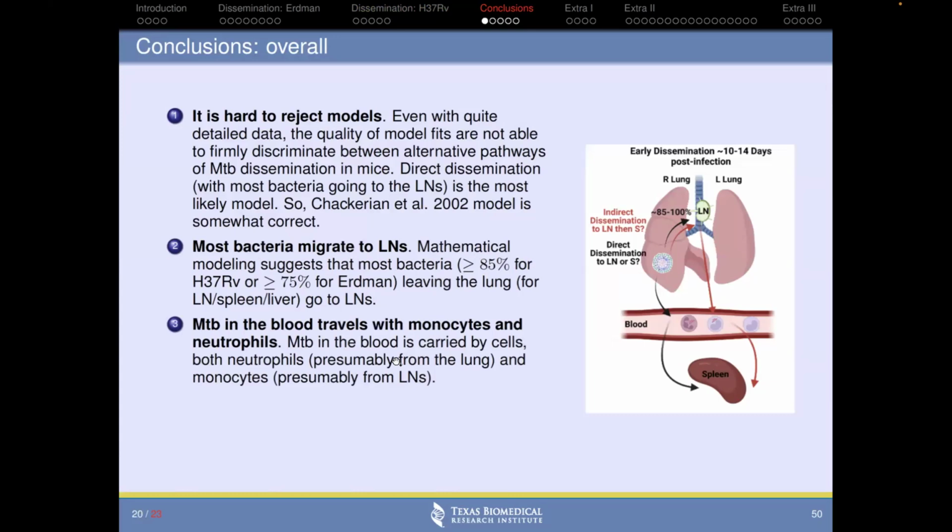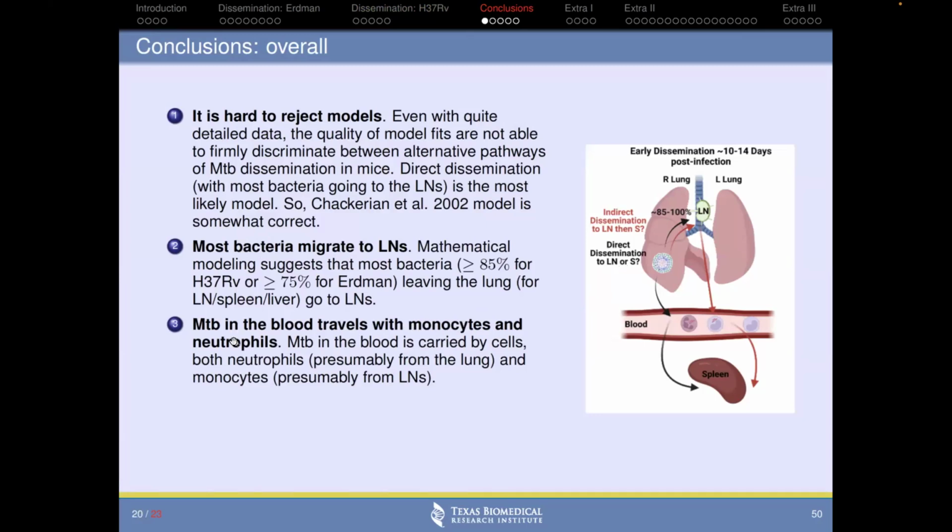We have some data where we looked at flow cytometry. With flow cytometry, we looked at cells that are infected in the blood, and we think that the majority of cells are monocytes and neutrophils. We think that neutrophils most likely came directly from the lung because they have a phenotype of so-called reverse transmigrating neutrophils. And monocytes, we think, are probably coming from the lymph nodes.